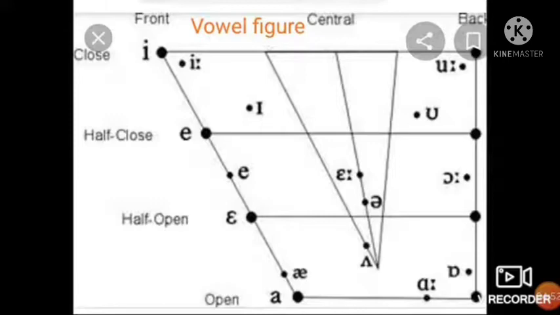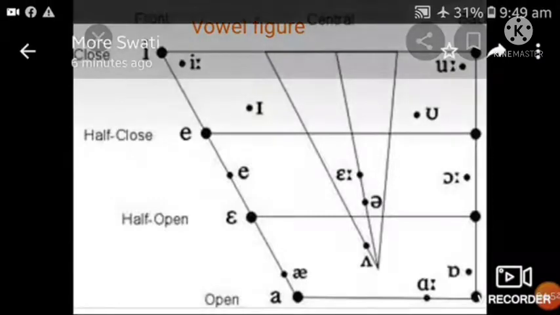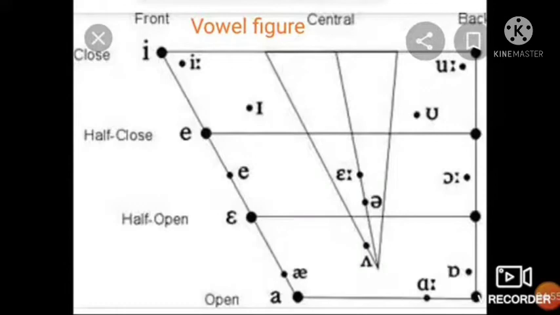Such extreme positions apart, most other positions of the tongue may differ so minutely from one another that it may not be possible to notice the difference. Furthermore, since in the formation of vowels there is no contact of the tongue with the roof of the mouth, the sense of touch cannot help either.